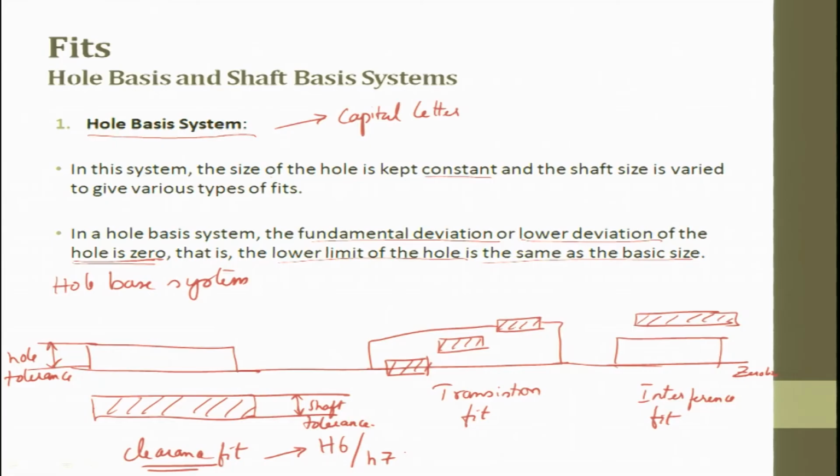So H6 is a hole based system and this is a shaft based system. Maybe this is used for sealing, O-ring, whatever the conditions are.